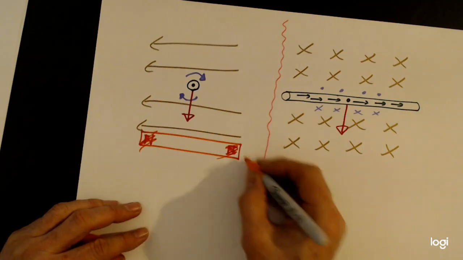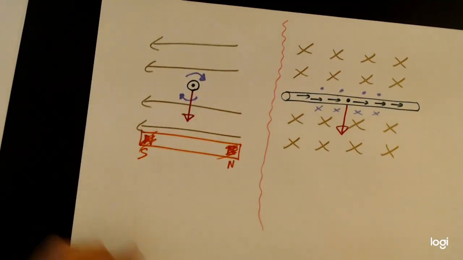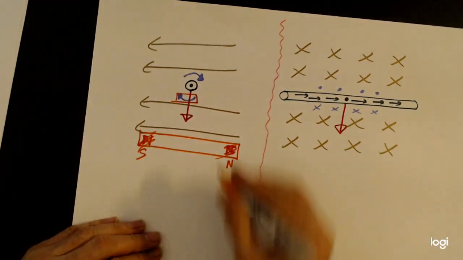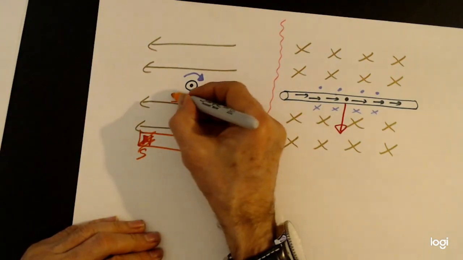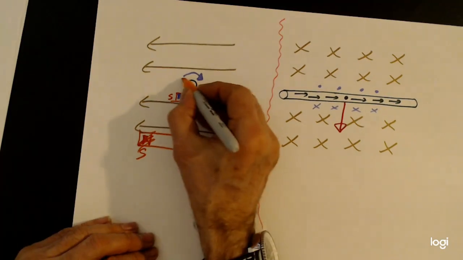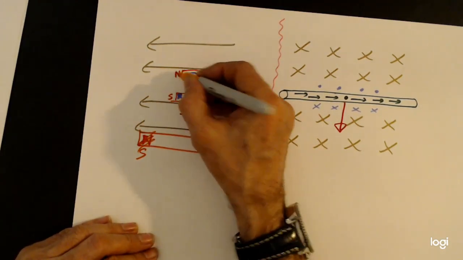Sorry, I got it right the first time, I'm an idiot. North, south. All right. This one here, this little tiny one there, is the same deal, north to south, tail of the arrow to head of the arrow. And this one is one with a south there and a north there.